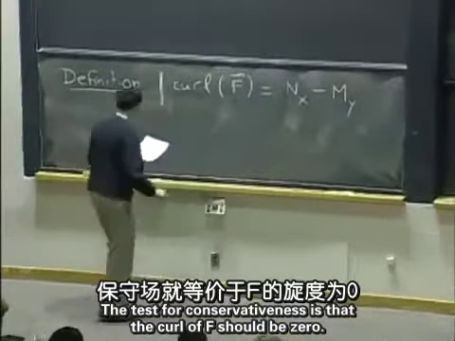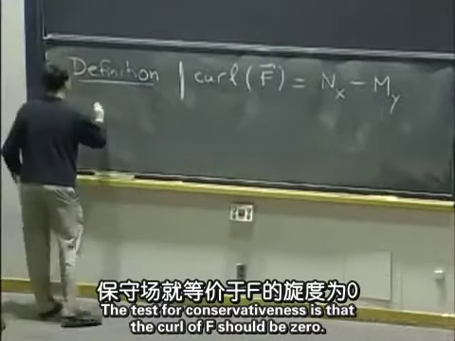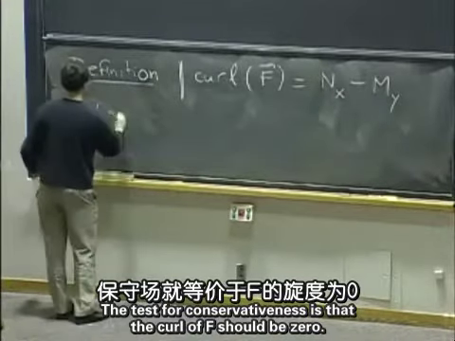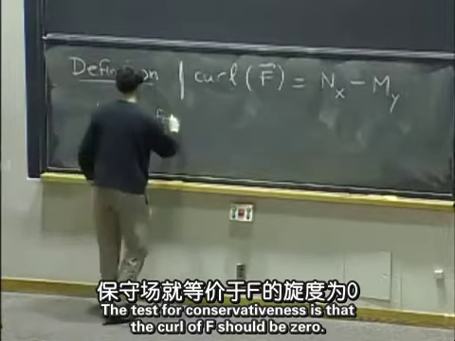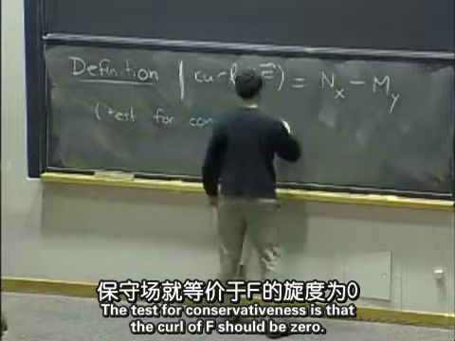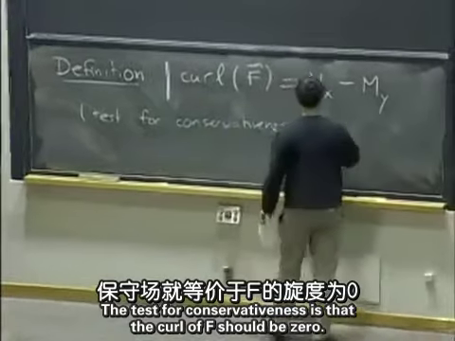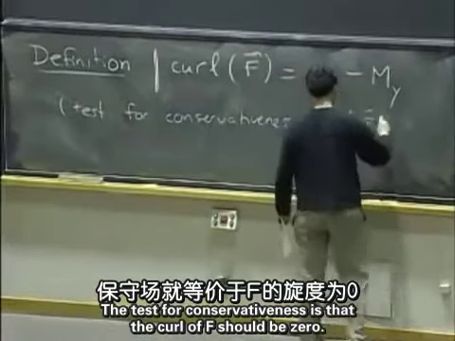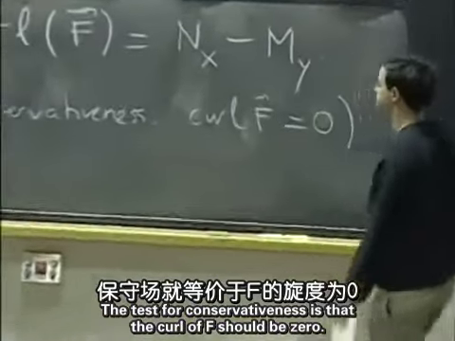So it measures failure of the vector field to be conservative. The test for conservativeness is that the curl of F should be 0.